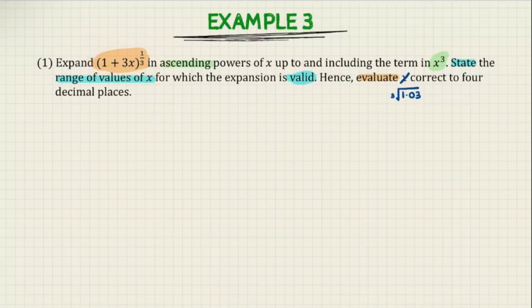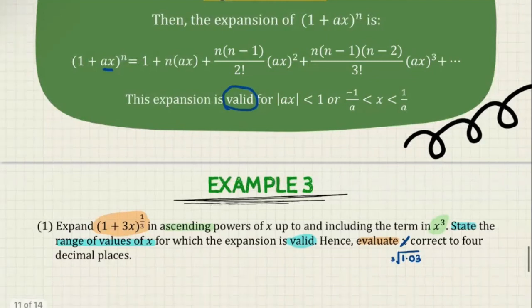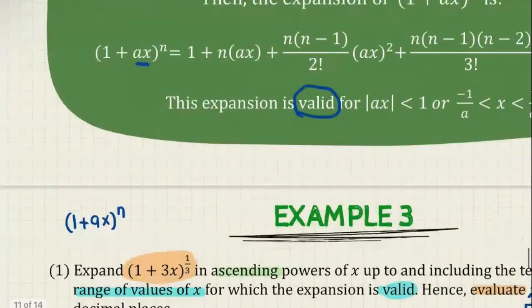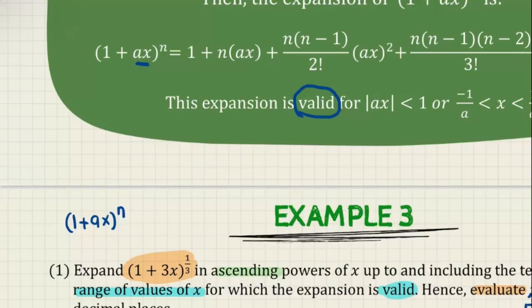Okay, so first kat sini formula dia adalah 1 plus AX to the power of N. Okay. So kita compare kan. So our 1 dengan 1 dah sama. Okay. So maksudnya kat sini our AX will be equals to 3X dan N kita adalah 1/3. So kita hanya perlu tahu value of AX dan juga N sahajalah sebab ini akan wujud dekat this formula. Okay.